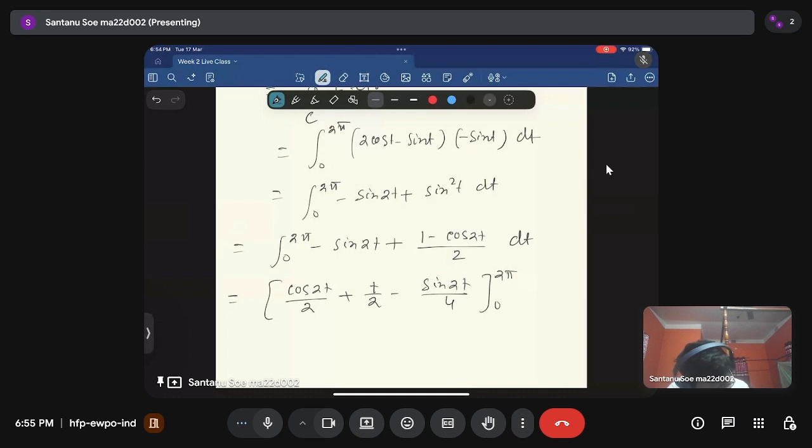So this is just pi. And already we have calculated our right hand side as pi, right? So this is equal to the right hand side of star.